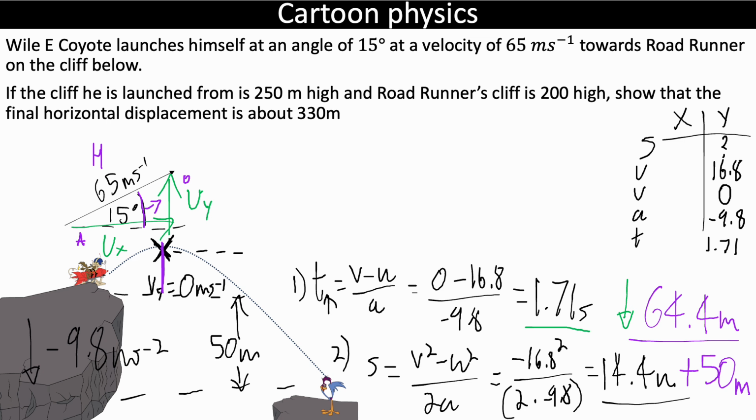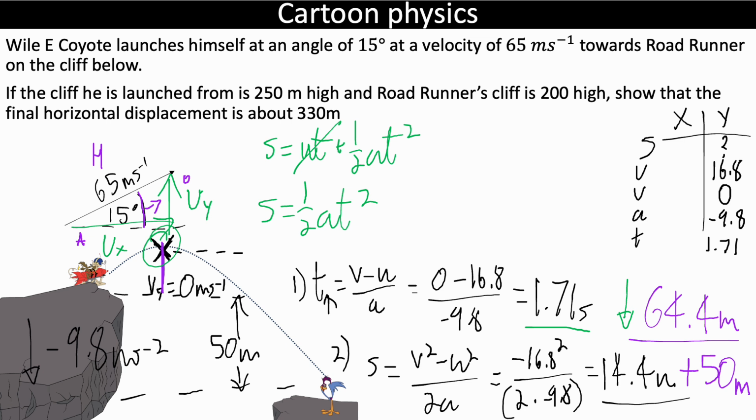Let's figure out his time down. We're going to use s equals ut plus a half at squared. If Wile Coyote is falling from his peak, his initial velocity is 0, so this term cancels, leaving s equals half at squared.